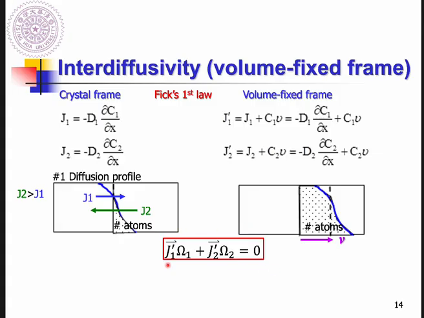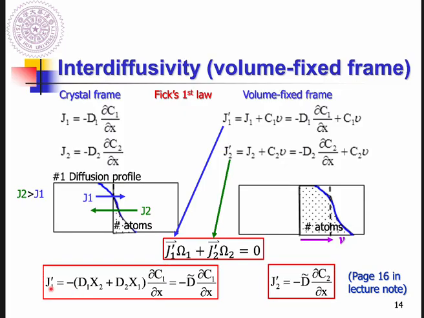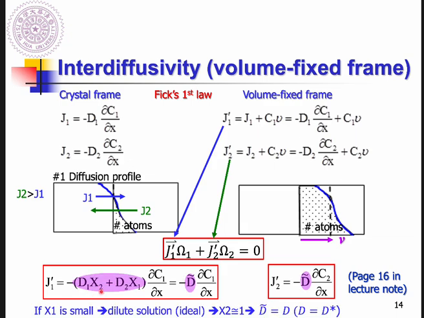We have this relationship. You just substitute it in here, and you can get J1 prime expressed like this, and we call this diffusivity the interdiffusivity. With the same idea, you also can have J2 prime, and you get D interdiffusivity times the concentration gradient.